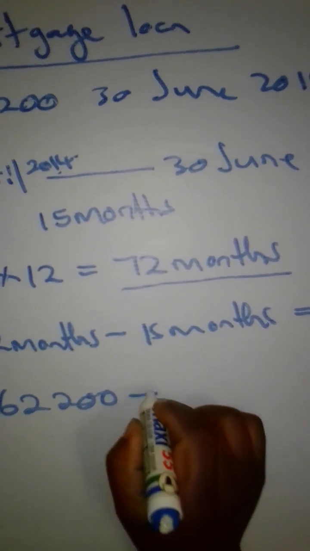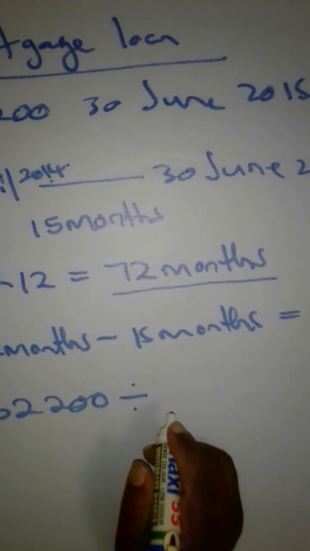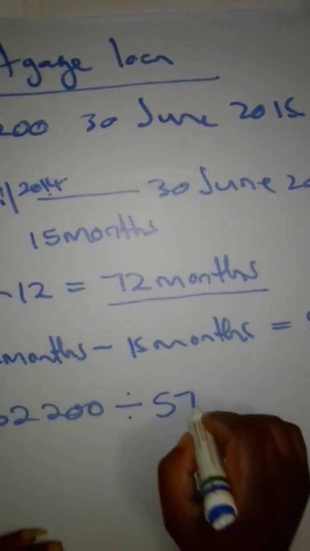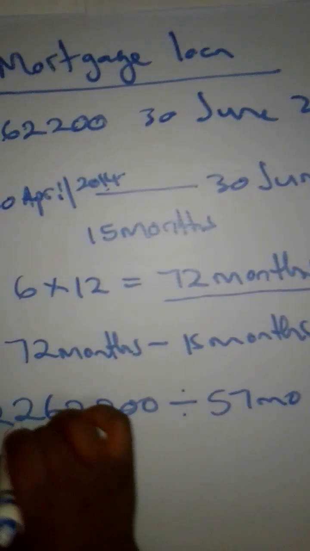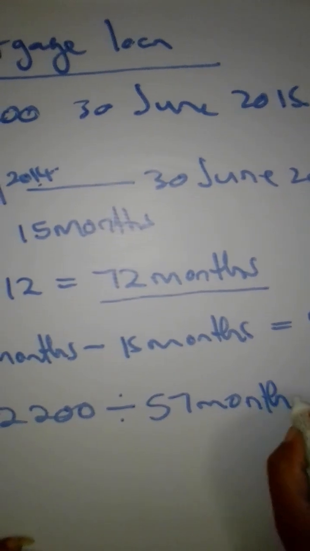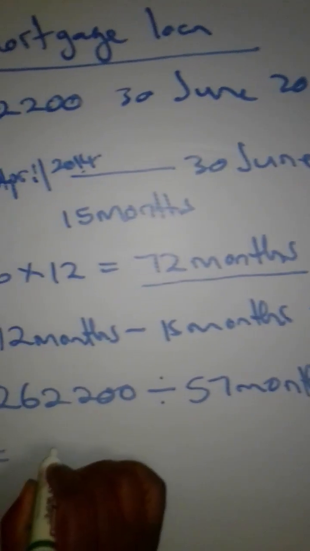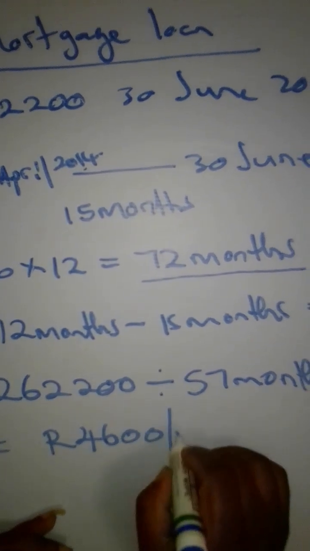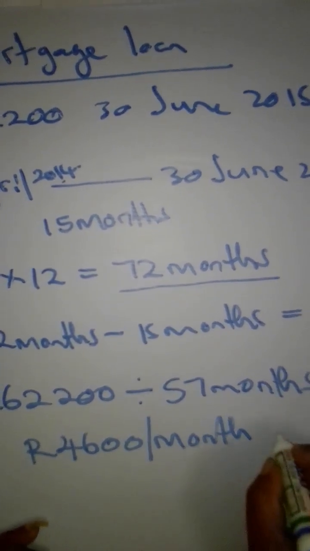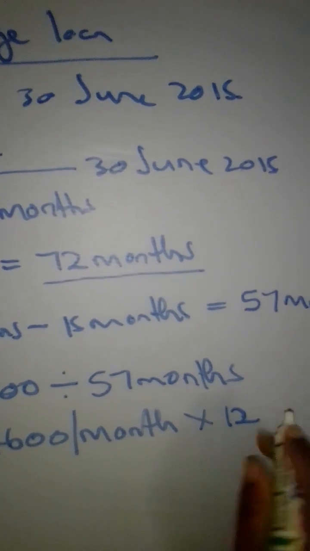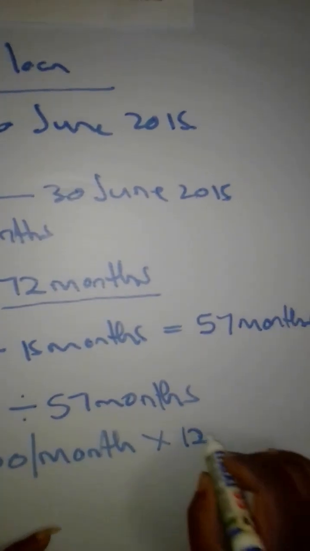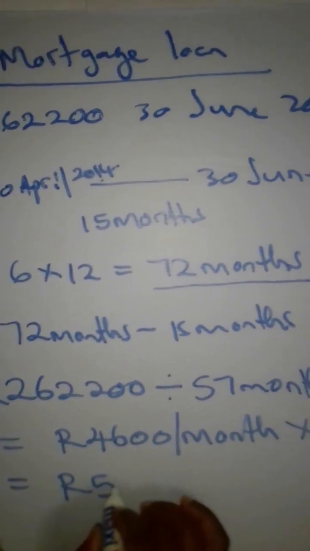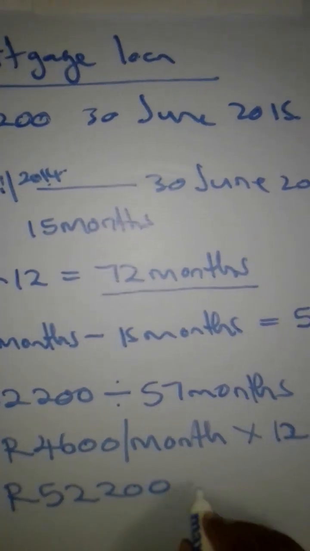So we can divide to find out how much is repaid per month. We divide the loan at the end by 57. We are going to get something like 4,600 per month. Now we multiply by 12 months so that we can get the current portion of the loan, which gives us something like 52,200.